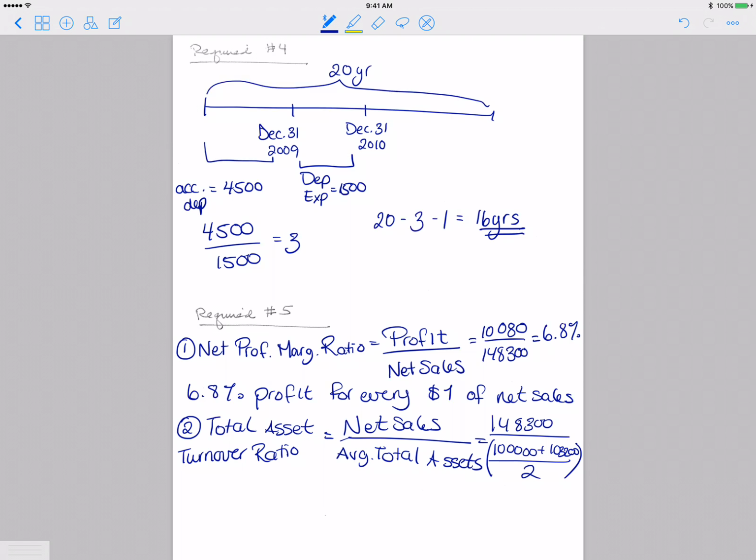If we divide it by 2, that's our average. This equation will give us 1.46.